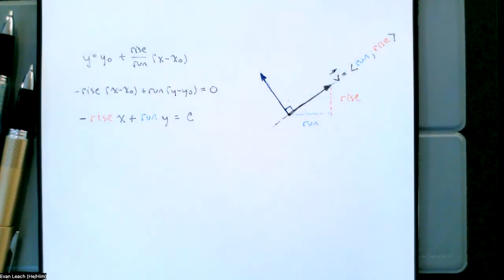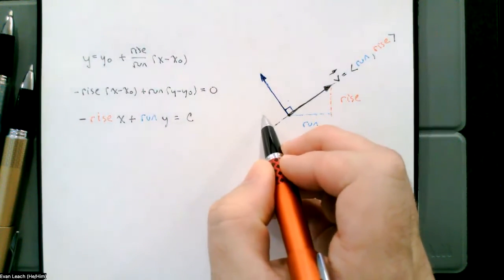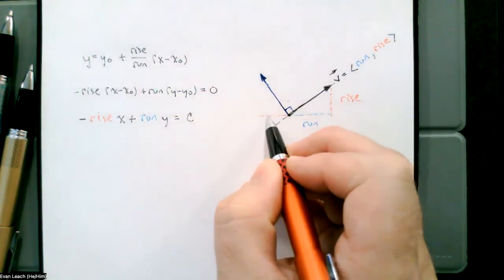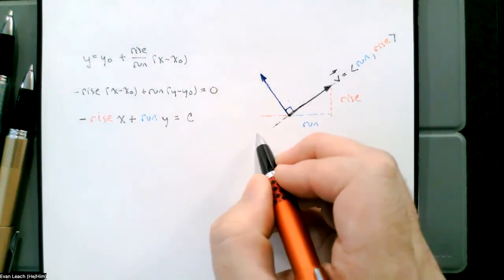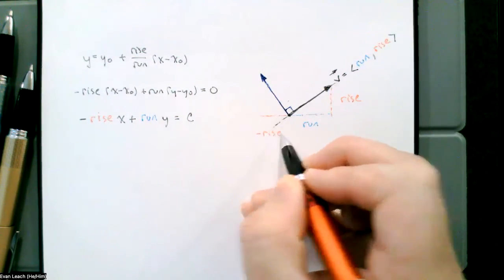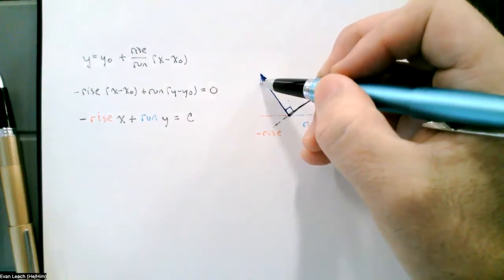And so the components of that perpendicular vector, that vector that is normal to the line, we have a -1 times the run, or sorry, a -1 times our original rise, minus rise. And our run is vertical.